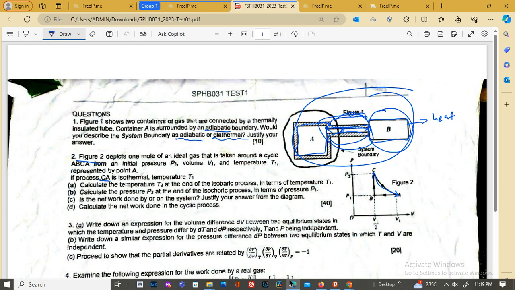That's our first question. How will we answer that question?